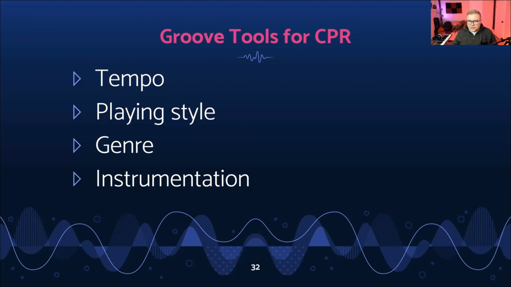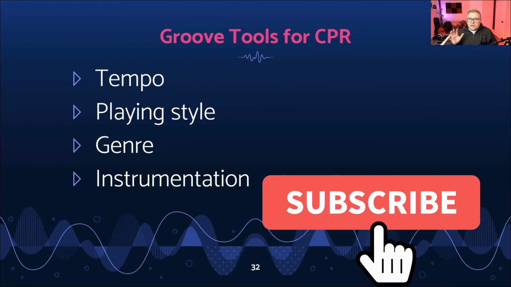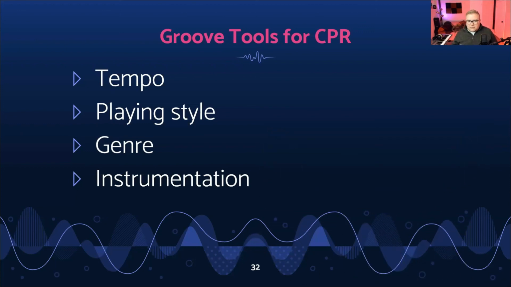A lot of times instruments are added as a song goes on to give that extra energy to the song. You start with kind of more simple instrumentation, and by the end it's more anthemic, where the energy is growing for your listener. So tempo, playing style, and genre really are ways that you can look at the groove tools as well.